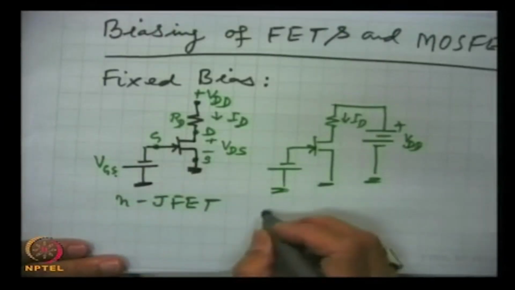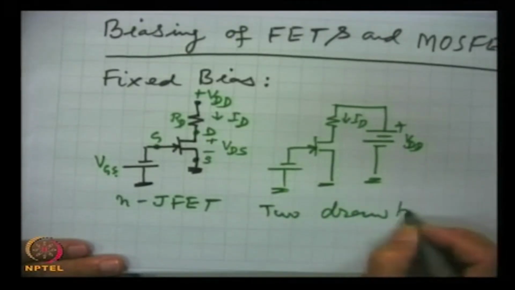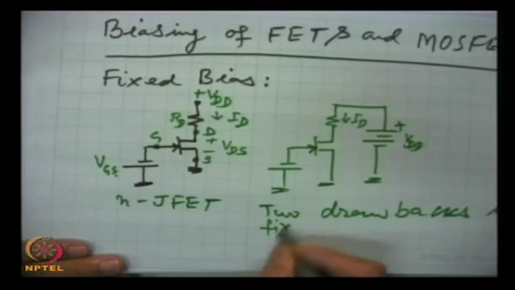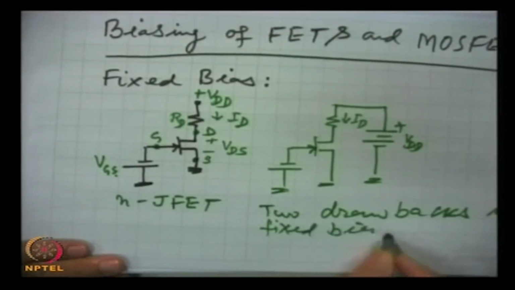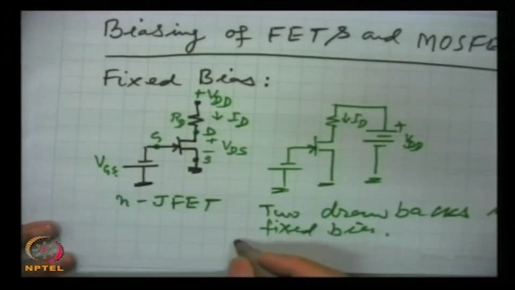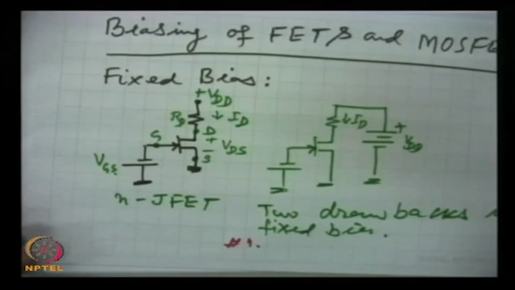So, there are two drawbacks in fixed bias. One is, it does not take any corrective measures for any variations in the device parameters or temperature.